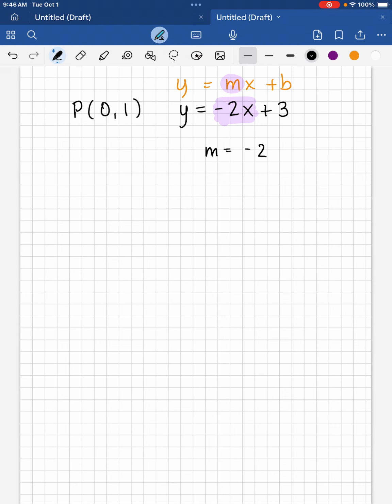If I look at that as a fraction, I would just write it over 1, and that means my rise goes down 2 for every 1 unit it runs in the positive direction. So if I'm making an equation of a line that is parallel to this line, it needs to have the same slope, because two lines that have the same slope never touch, right?